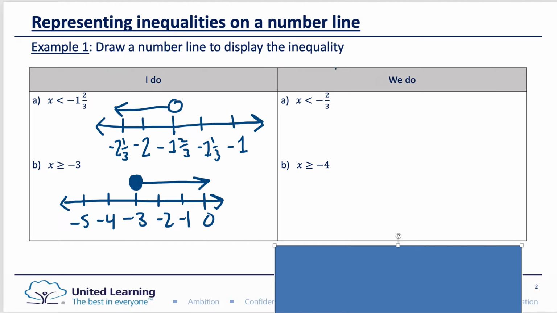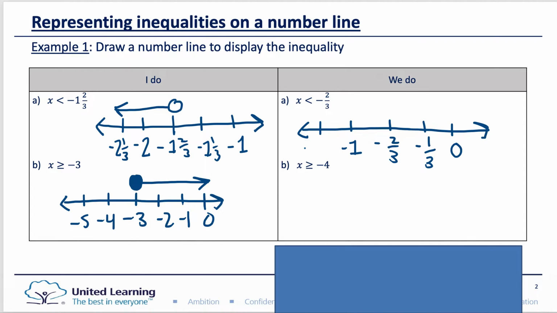Okay, let's see how we did. The first thing you probably did is draw your number line and put the value of negative 2/3 in the middle. Let's go bigger and smaller than that: negative 1/3, 0, negative 1, negative 1 1/3.